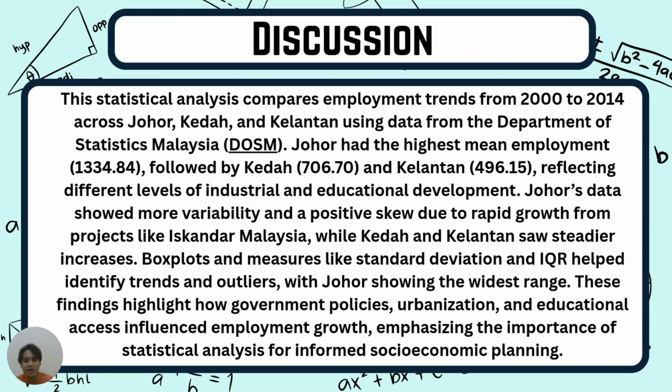There are maybe several real world factors such as urbanization and infrastructure, where Johor, being part of the Southern Economic Corridor and neighboring Singapore, benefits from better infrastructure and foreign investment. In education and skill training, maybe there is higher education access and vocational training in Johor, leading to a higher and more dynamic labor market population. And Kedah and Kelantan have more rural populations and face challenges in the workforce.